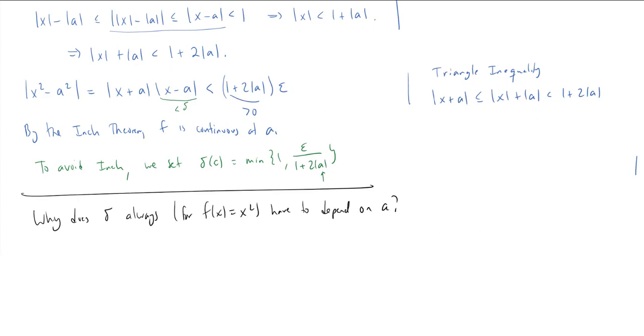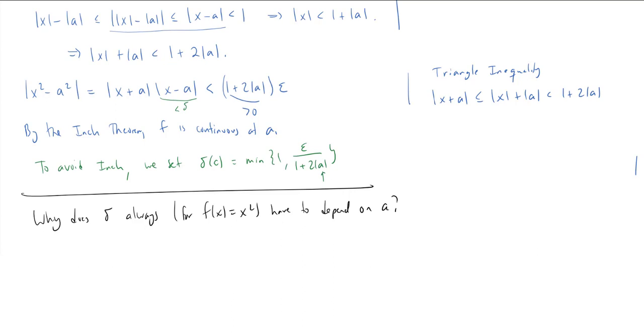Okay, so let's assume that it didn't have to depend on a. Okay, and what I'm going to do is I'm going to actually choose a specific epsilon, right? I'm going to let epsilon just equal 1. And I'm going to show that if I change my input points around enough, I can't even guarantee that any delta I choose will get the difference between x squared and a squared to be less than 1.